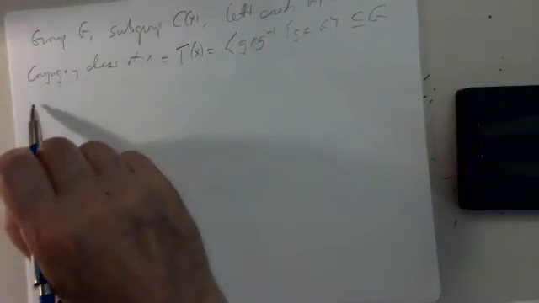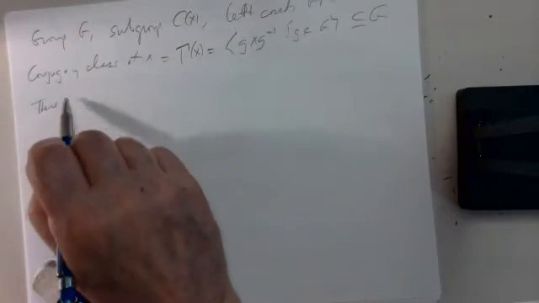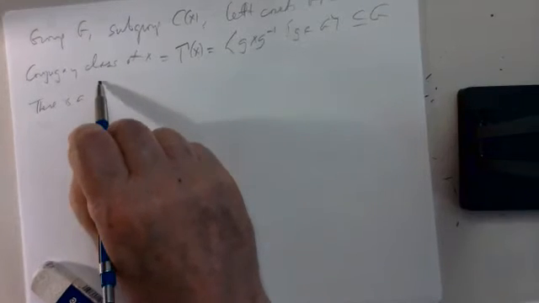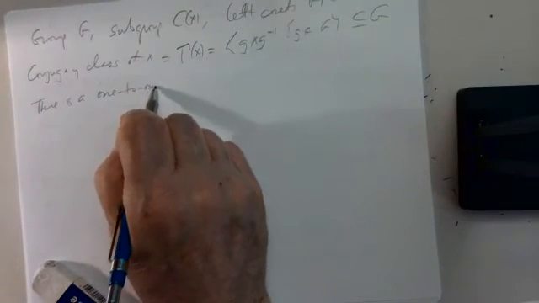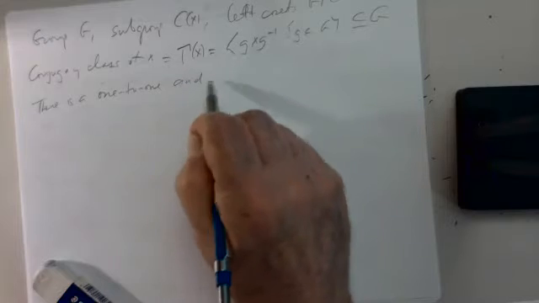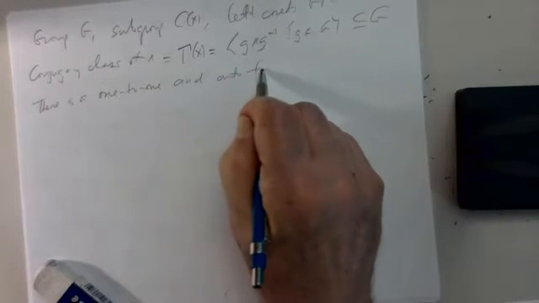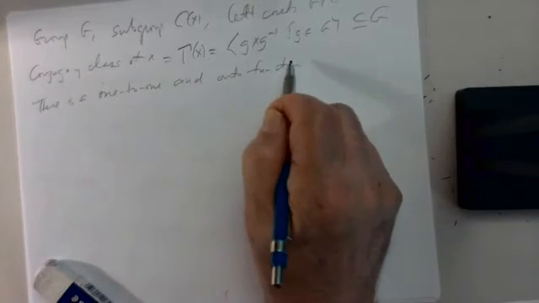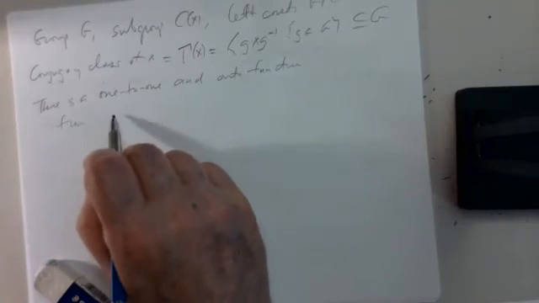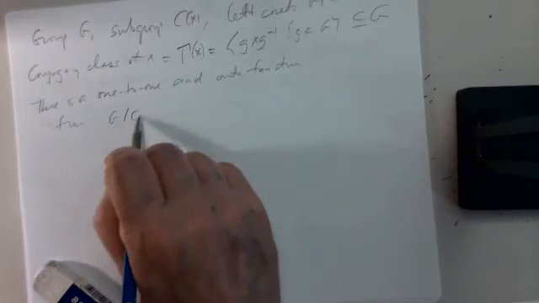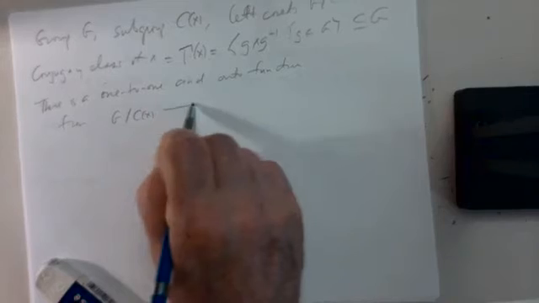And the claim is that there is a bijection, a one-to-one and onto function from the set of left cosets and the conjugacy class.